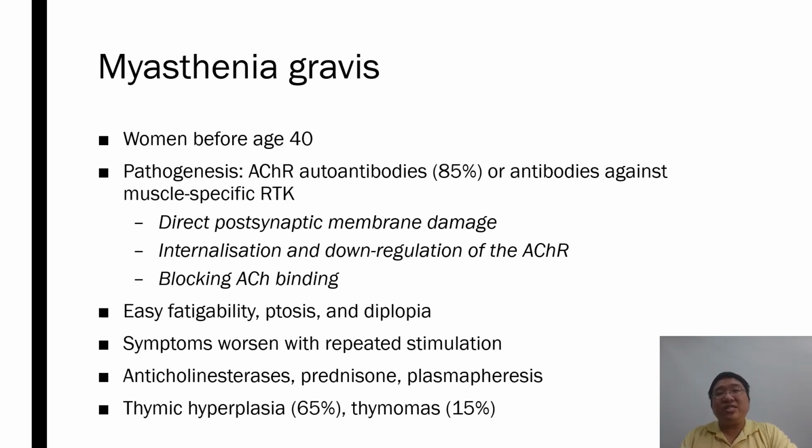So the muscles that are affected frequently are extraocular muscles. So the patients may have ptosis, หนังตาตก, or diplopia, เห็นภาพซ้อน. These conditions result from the weakness of the extraocular muscles.